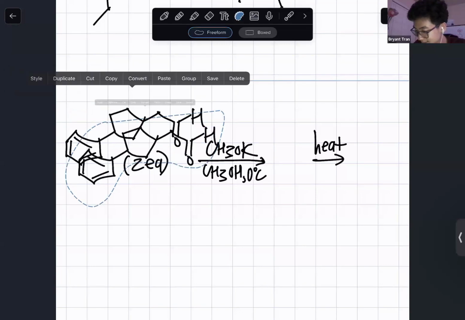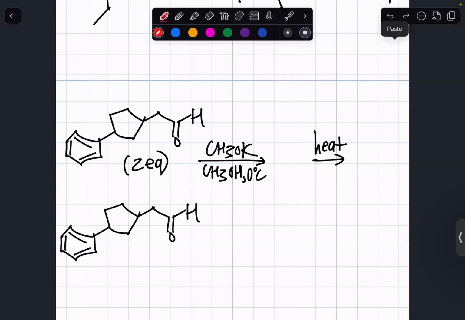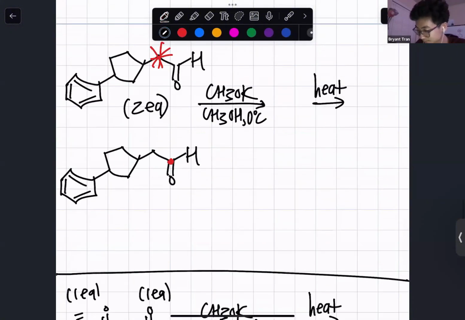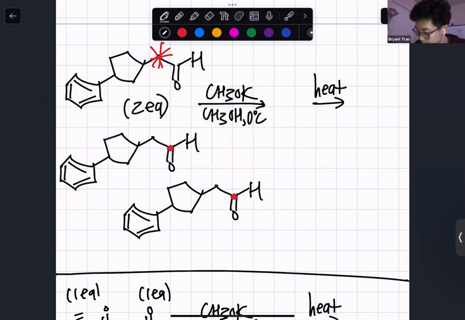So if we did it, this is the star at the alpha carbon, and this is the dot at the carbonyl carbon. If we make a new bond between them, nothing happens to the star molecule. Everything is just copy and paste of the star. This is the new bond between the star and dot.